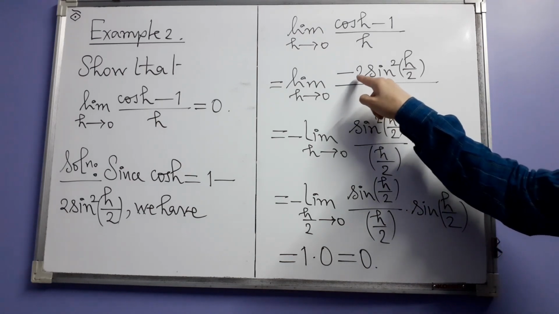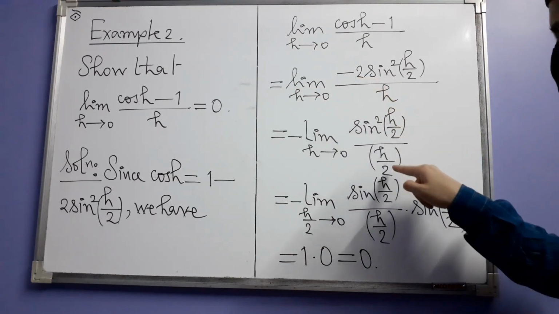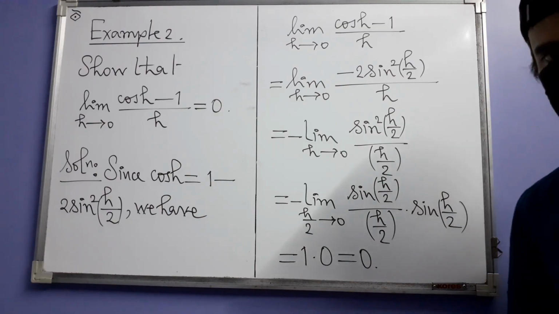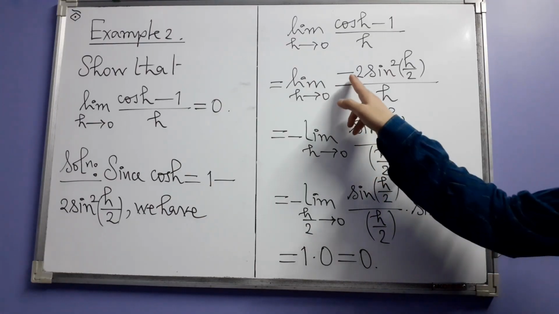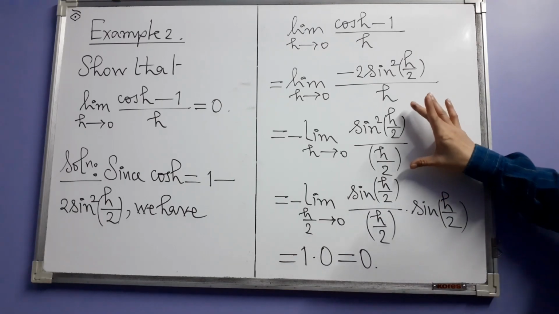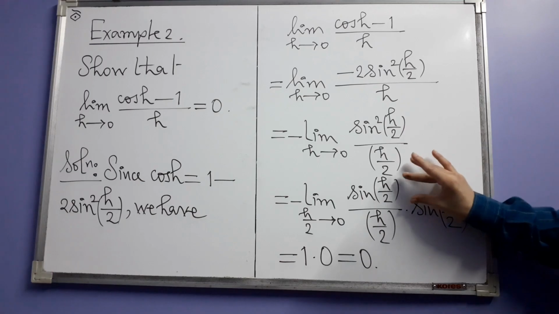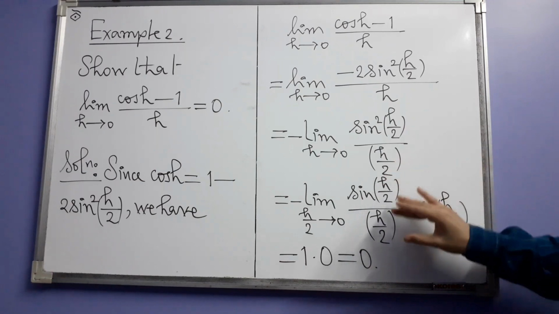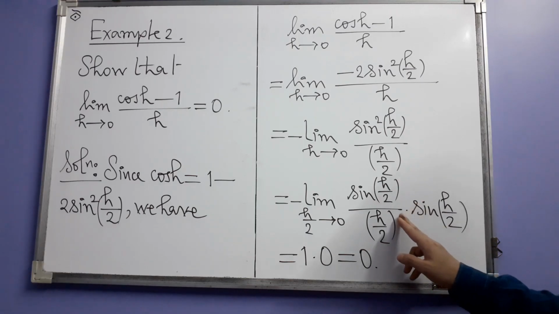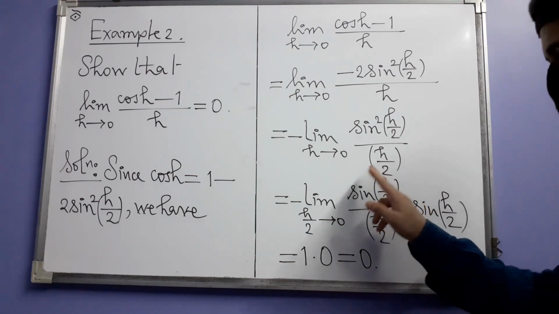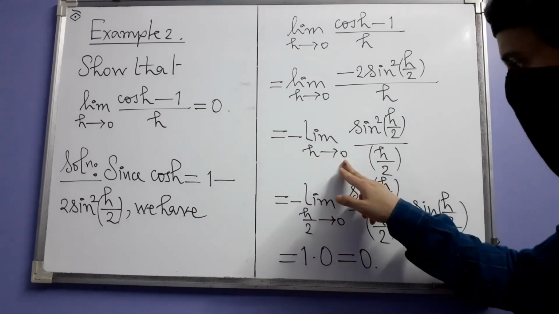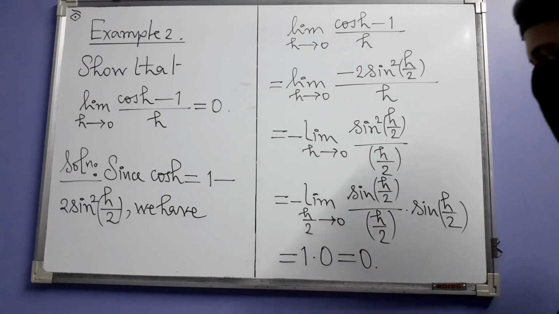Now you next transfer this 2 into the denominator of the denominator, and you take the minus sign outside, and then you write this square of sine as this product, sine h divided by 2 times sine h divided by 2, and you club this h divided by 2 with this one sine. Now as h approaches 0, of course h divided by 2 also approaches 0.